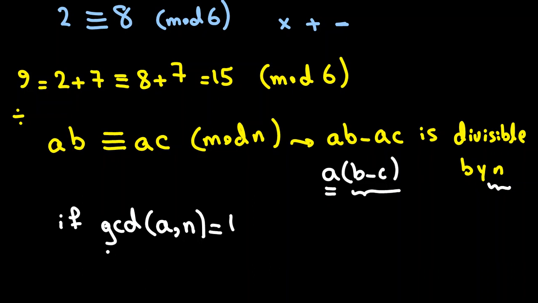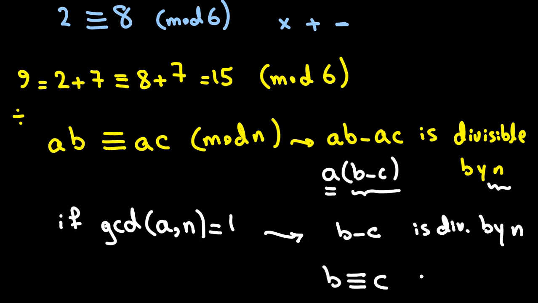If GCD of A and n is 1, meaning they are relatively prime numbers and don't have any common factor, then A is not important, and we can conclude B minus C is divisible by n. By the definition, B is congruent to C mod n. So if A and n are co-prime numbers, then you can divide both sides by A.